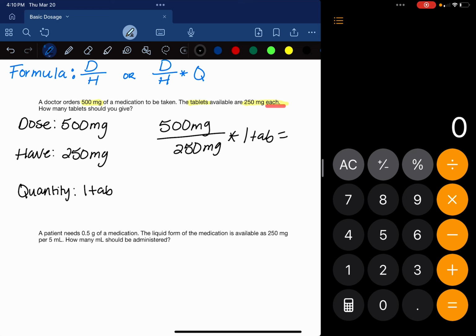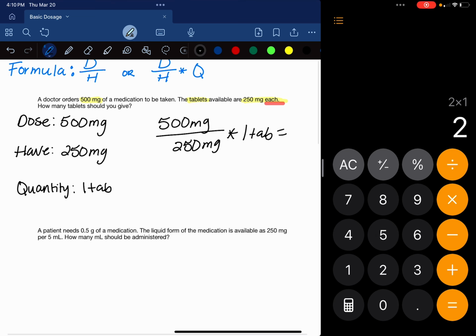We know 500 divided by 250 is 2, times 1, 2. So this crosses out because we only need the tablets. So now it's 2 times 1 tab equals 2 tabs. So our answer is 2 tabs, or 2 tablets, is how much you need to get the patient to 500 milligrams.